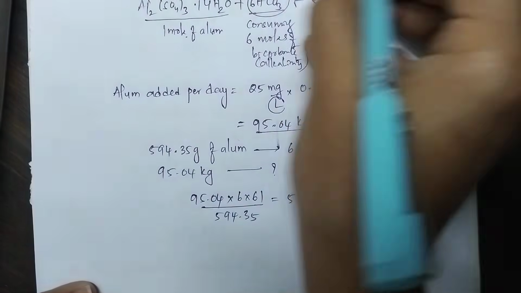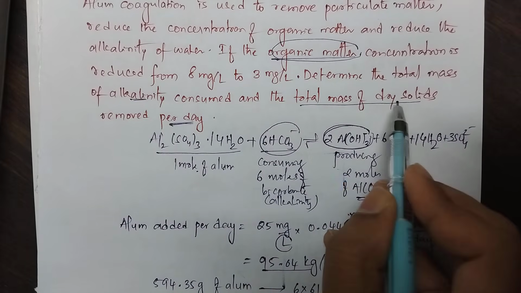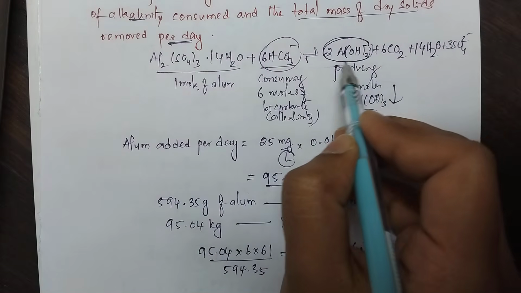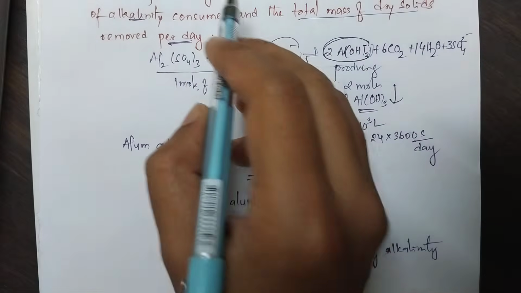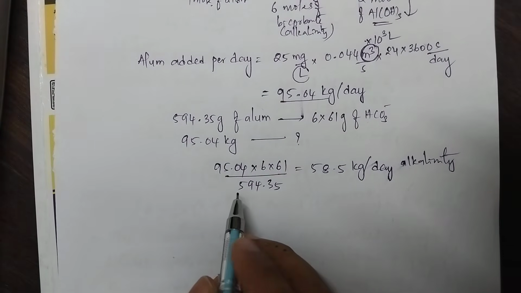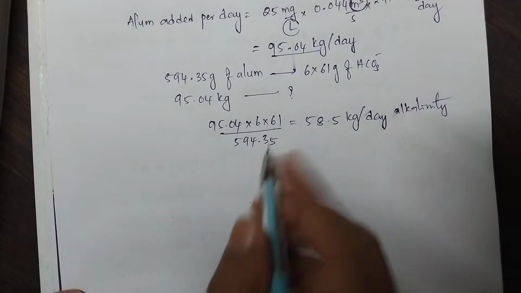Next, so this is the first part, total mass of alkalinity that is consumed. The second part, total mass of dry solids. These dry solids are two parts. One is how much aluminum hydroxide is being produced and how much organic matter is being settled. So let us calculate first how much aluminum hydroxide is being settled in a day.